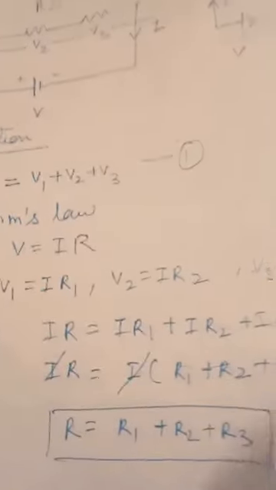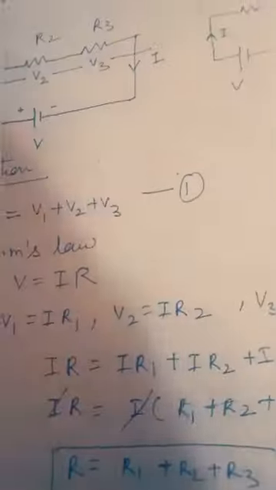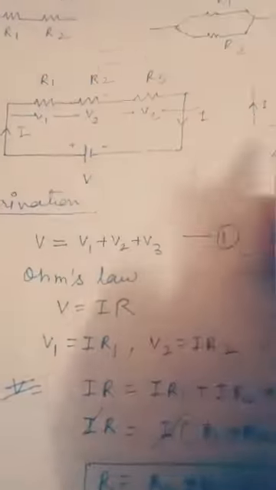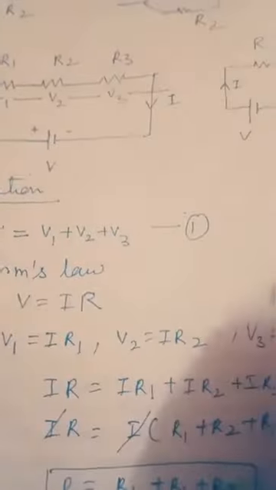Now suppose the values of these resistors are R1 is 10 ohm, R2 is 20 ohms, and R3 is say 40 ohms.